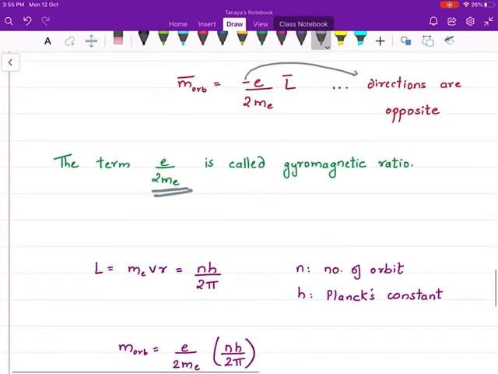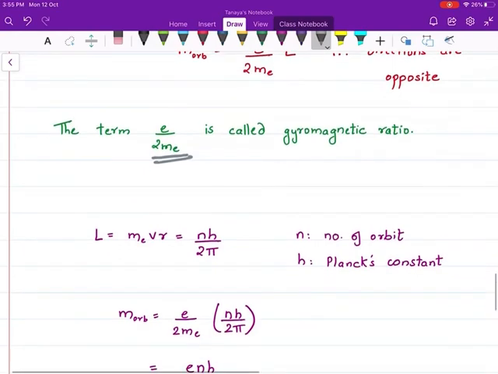Now further you can write this formula as, according to Bohr's atomic model, we know that L is equal to nh upon 2 pi. Orbital angular momentum is an integral multiple of h upon 2 pi, where h is the Planck's constant. This is according to Bohr's atomic model.